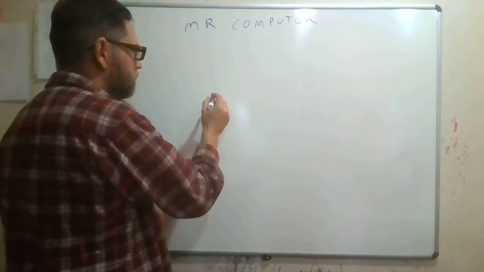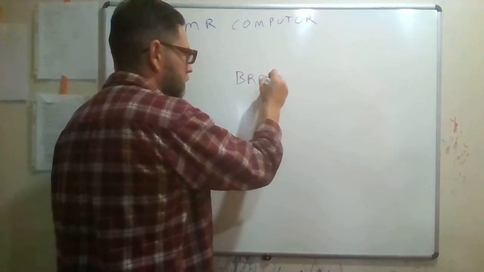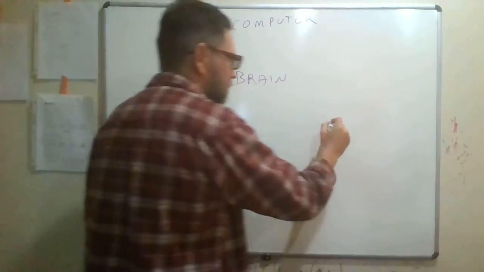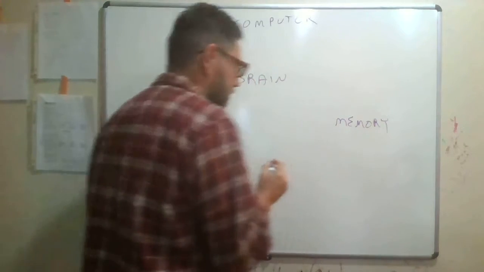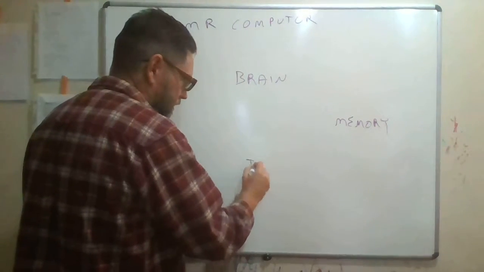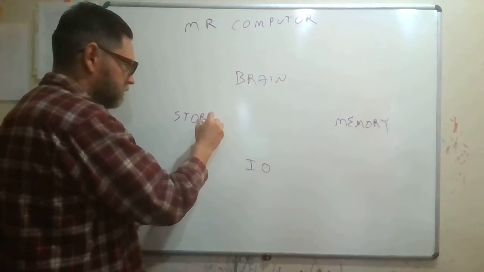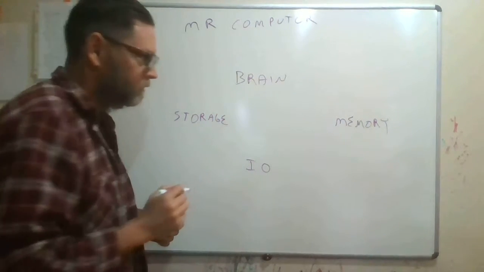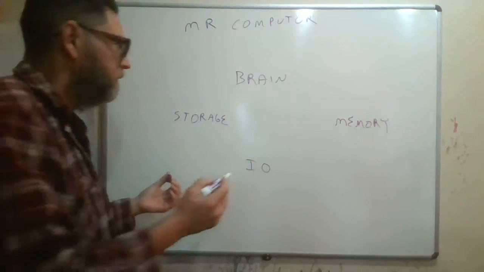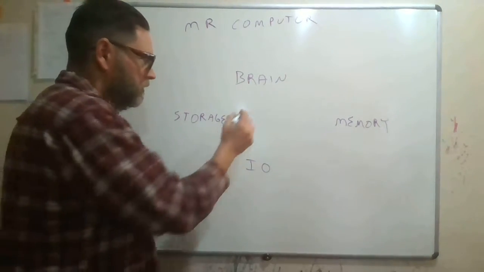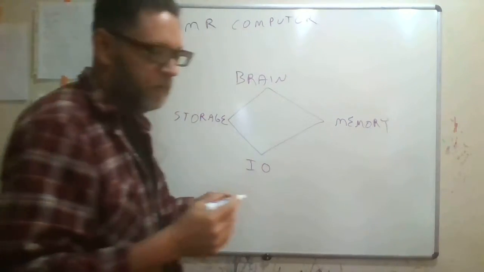So, inside Mr. Computer, you have a brain, you have memory, you have I/O, and you have storage. These are the four basic pieces.